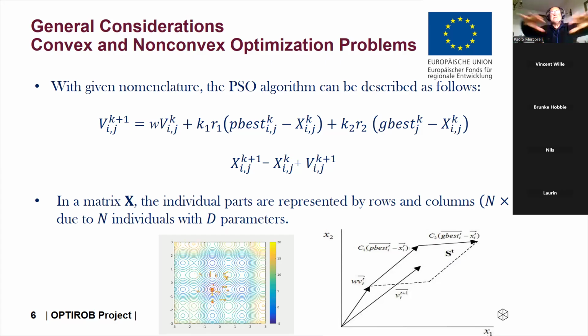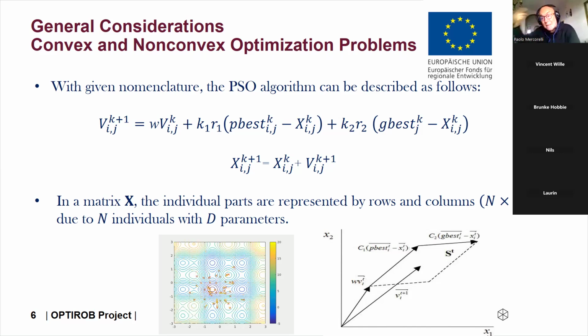Because of course, if the exploration phase is too long, I need time to find the minimum. Very often in control, in particular, we don't have much time because everything runs online. This means we have to end up in one minimum, for instance.